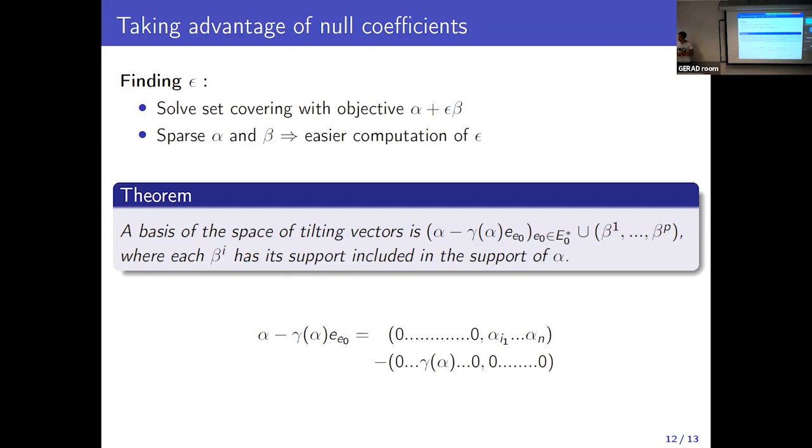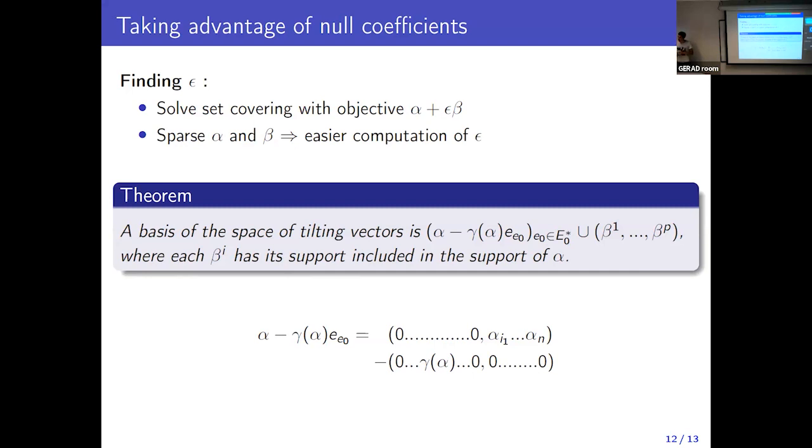And so what this theorem shows is that you can start by using all of the tilting vectors that have their support included in the one of alpha, and then your tilting computations are much faster. And then when you have exhausted all of them, you get this last family of tilting vectors that have actually one more coefficient than alpha. So it means that every time that you tilt, you're going to increase the support of your inequality by 1.